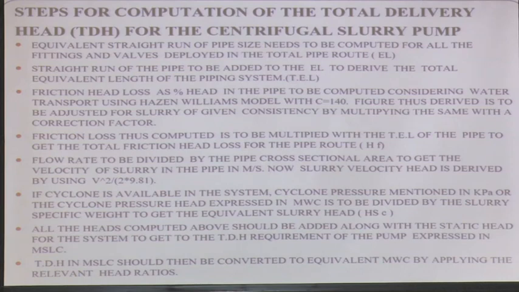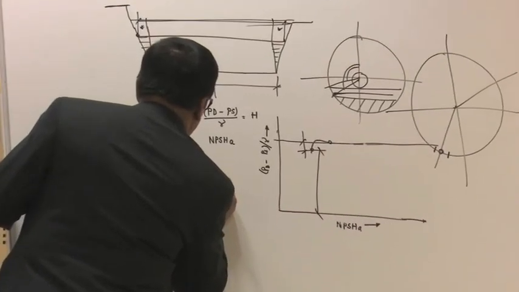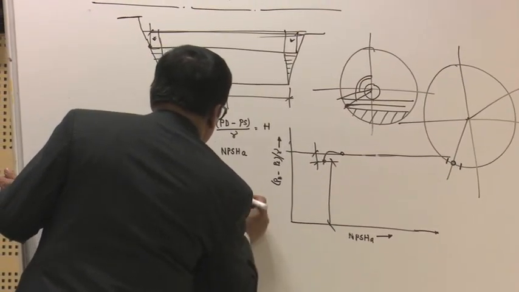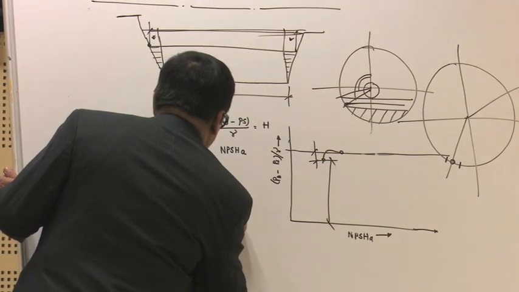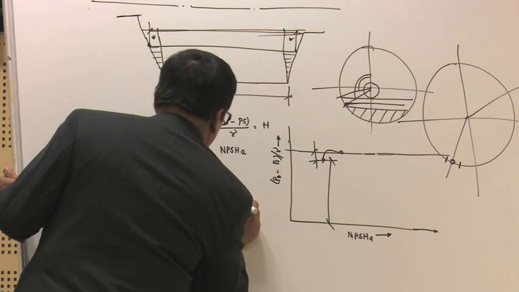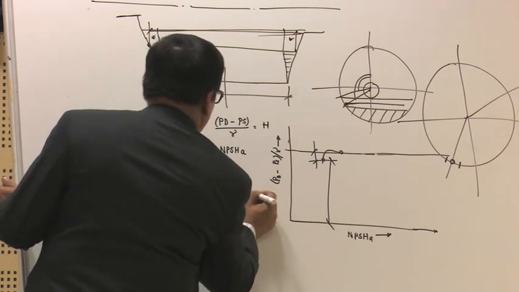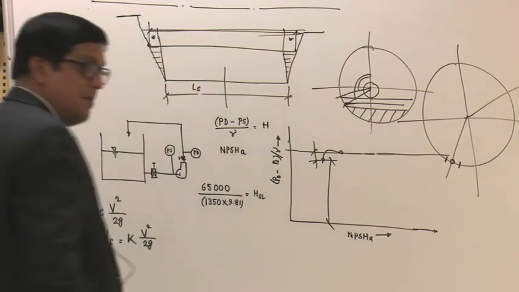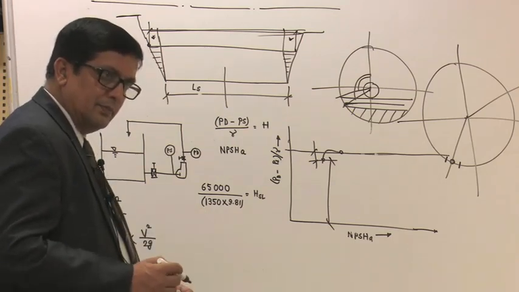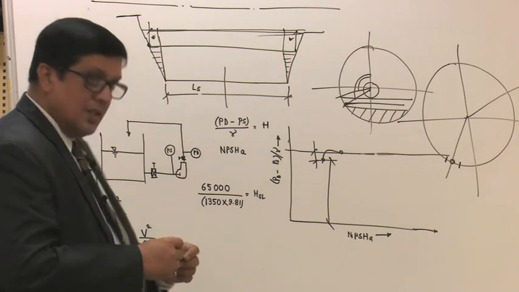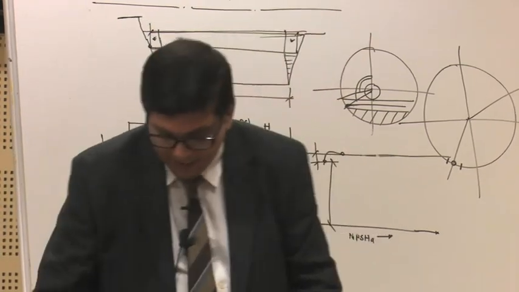If I say 65 kPa and the specific gravity of the slurry is 1.35, right, that means 65 kPa, which is this much Pa, is divided by 1.35 into 9.81. So, that gives you HSL, some slurry head, right. So, it has to be converted to equivalent slurry head.